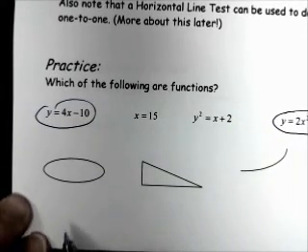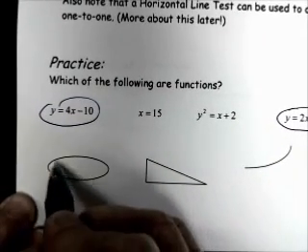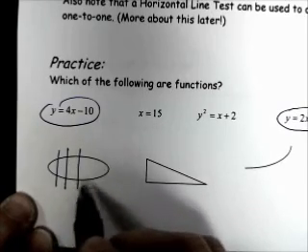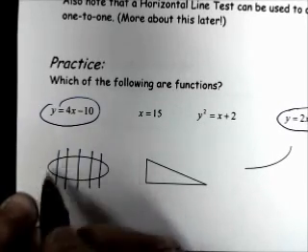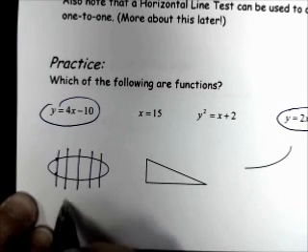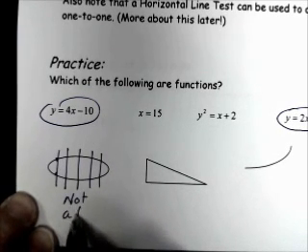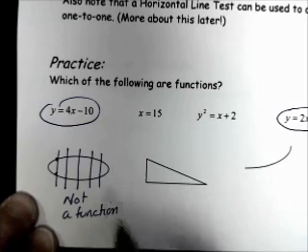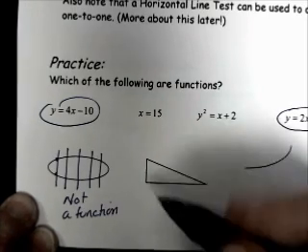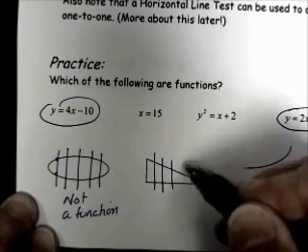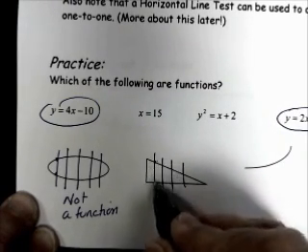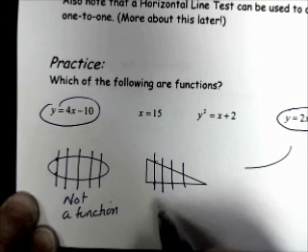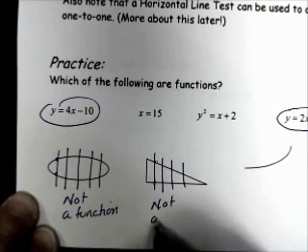For these diagrams here, we would draw vertical lines. And if a vertical line crosses a graph in more than one spot, like this does, this is not a function. Take the next figure, drawing vertical lines. And it's hitting the graphed figure at more than one point, so it's not a function.